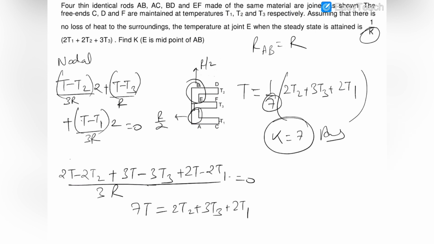Now we move on to the next question. In this question, you can see that there is a hollow spherical shell of inner radius R1 and outer radius R2. It is placed inside a reservoir of temperature 1000 degrees Celsius, which is maintained constant. Now there is some water inside this shell at 0 degrees Celsius, which is the initial temperature, and it is not maintained constant.